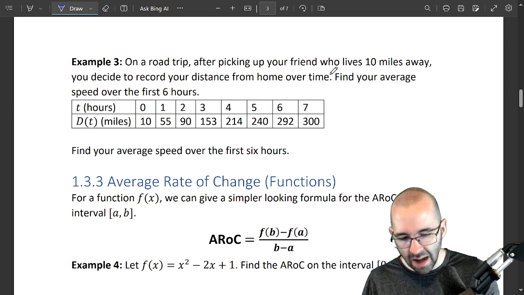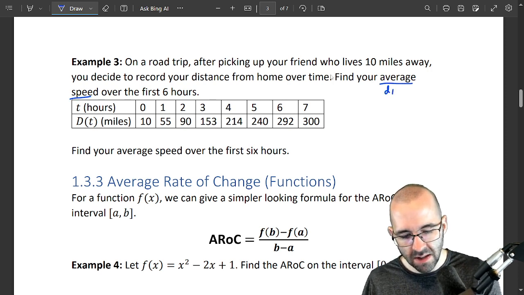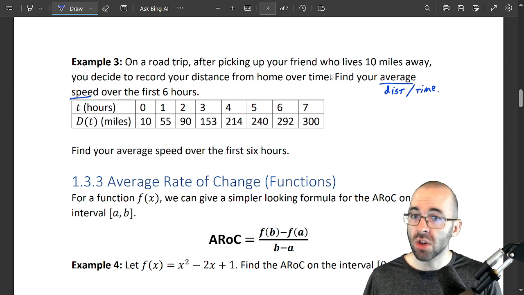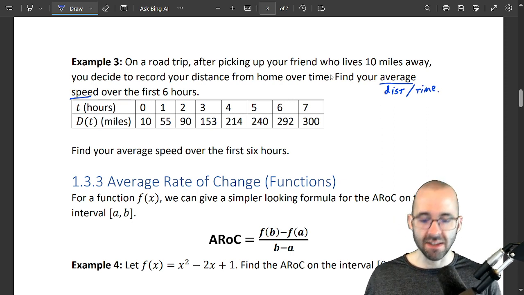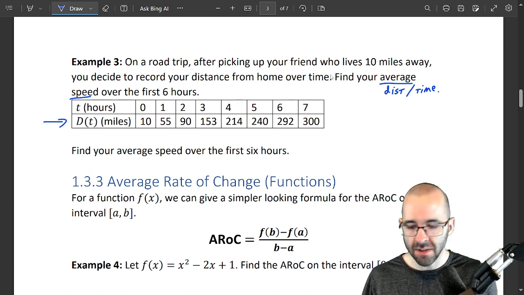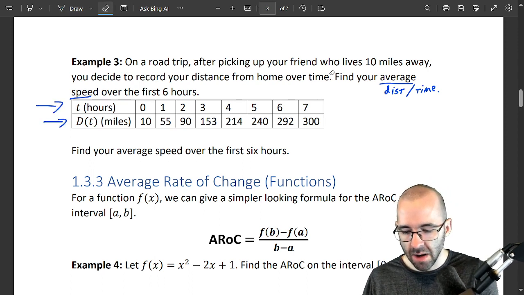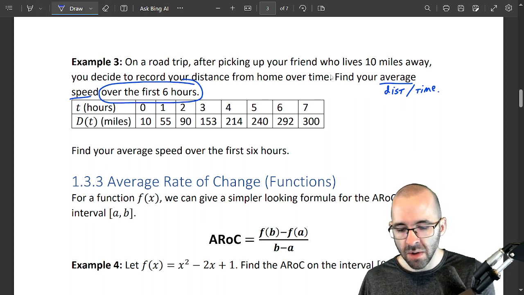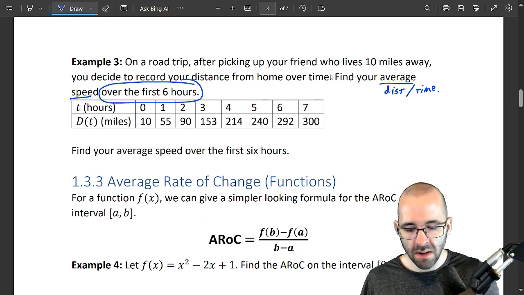Okay, so the average speed, that's going to be distance over time, which is good because in our table we have distance in miles and time in hours. It specifically says over the first 6 hours, so that's going to be t being an interval from 0 to 6.